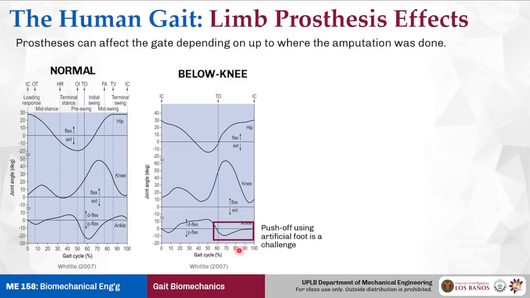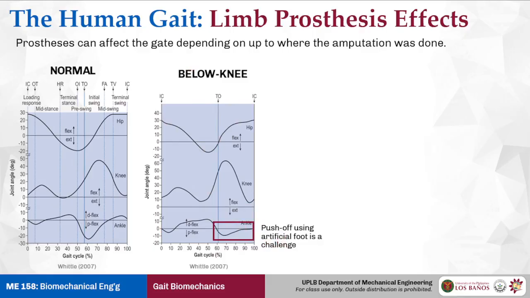That's because if you get a very cheap leg prosthesis, most of the time the foot is not articulated. So it's kind of stuck in a particular angle, and you have to modify your knee and hip behavior to compensate for the lack of plantar flexion. So yeah, that's one problem of the below knee replacement.